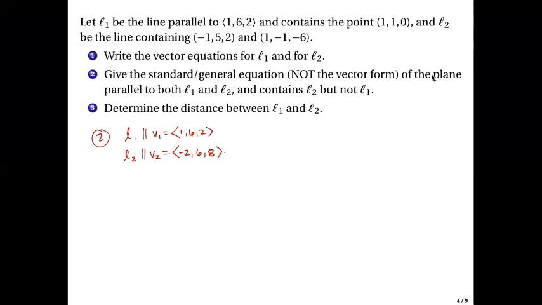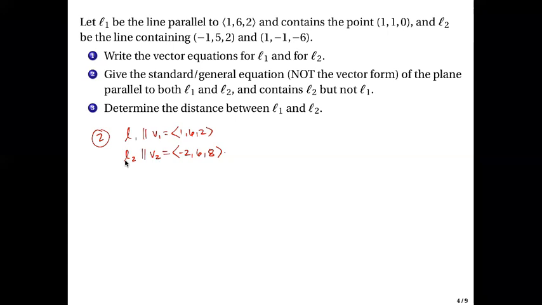So if we want the plane to be parallel to both L1 and L2, then the vector we need to get this plane should be perpendicular to both L1 and L2. Now, we are given these two parallel vectors, one vector parallel to L1 and another vector parallel to L2.